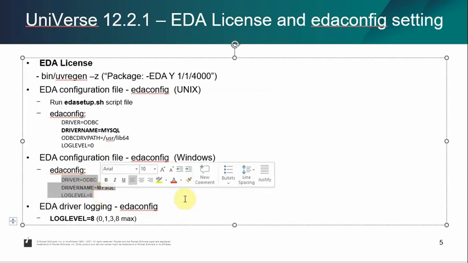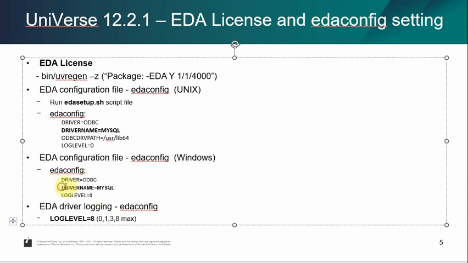Very important is to specify that you want to use MySQL, with the driver name equal to MySQL, because we also support other databases like Microsoft SQL Server, so you need to specify which EDA driver will be used. On Unix, you can create it manually like this, or you can run the edasetup.sh script in the UniVerse bin folder.